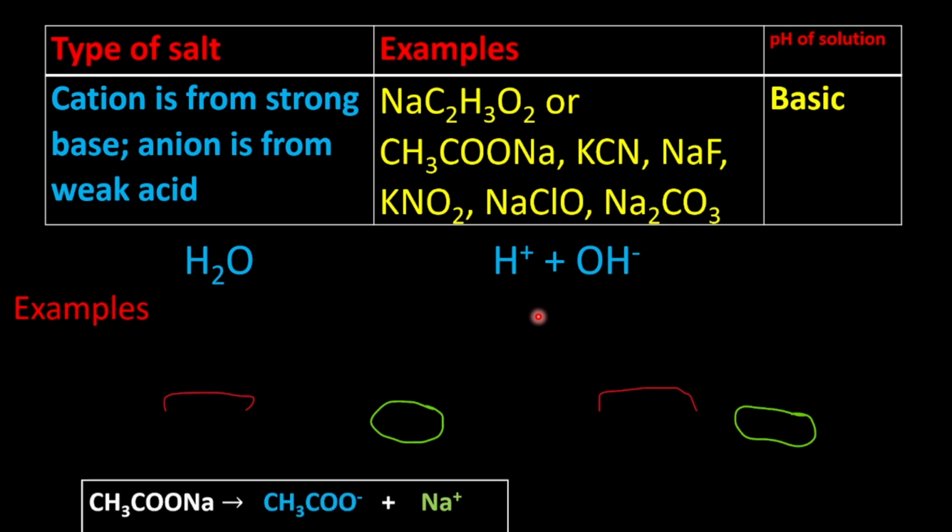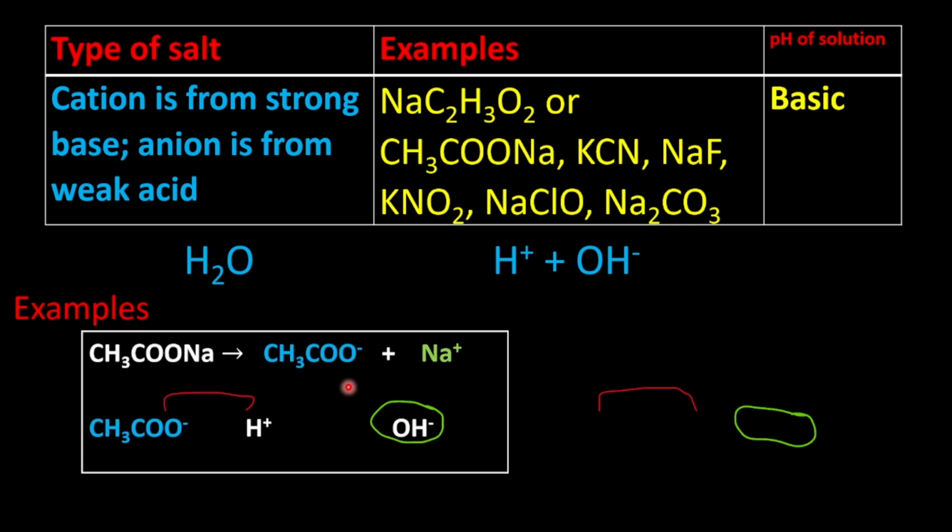First example. So we have CH3COONa. This compound here will dissociate to give us CH3COO- plus Na+. So let's pick them one by one. Now the question is, will CH3COO- undergo hydrolysis?